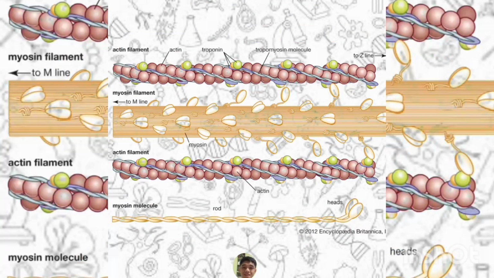The third one, the smallest filament in the myofibril, is actin, a thin one, and a contractile protein in the filament containing active binding sites.